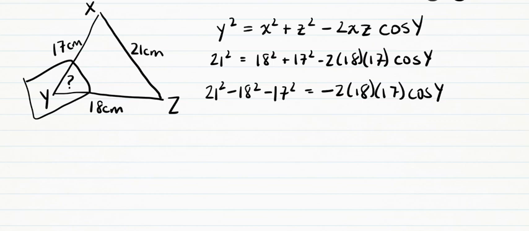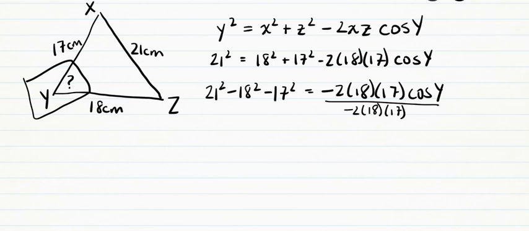Okay, next, we still want to work towards isolating cosine y and then eventually isolating y. So to do that next, we're going to divide both sides by -2 times 18 times 17. So if we divide on the right-hand side by that, then all of -2 times 18 times 17 will divide with the denominator.